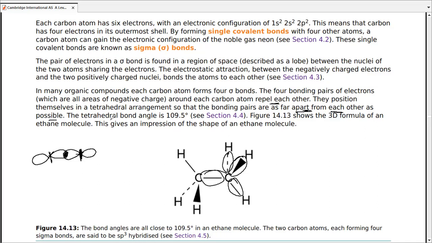That happens with a tetrahedral bond angle, which is 109.5. Whenever we go down from 120 to 109.5 or 107.5 or 104.5, anything like this, we understand that we're talking about a 3D bond.